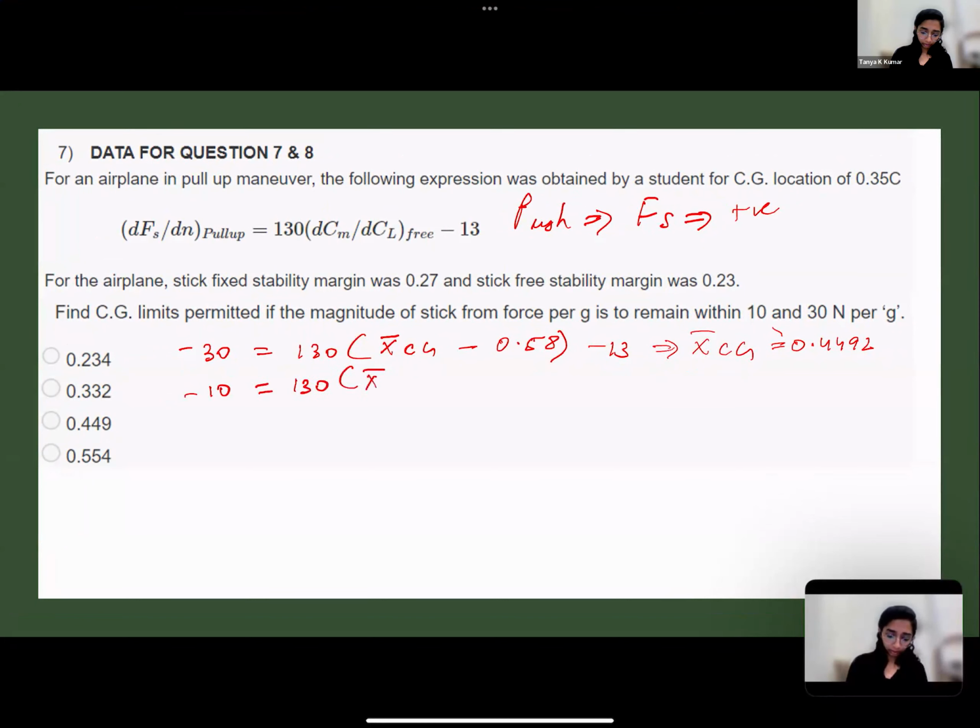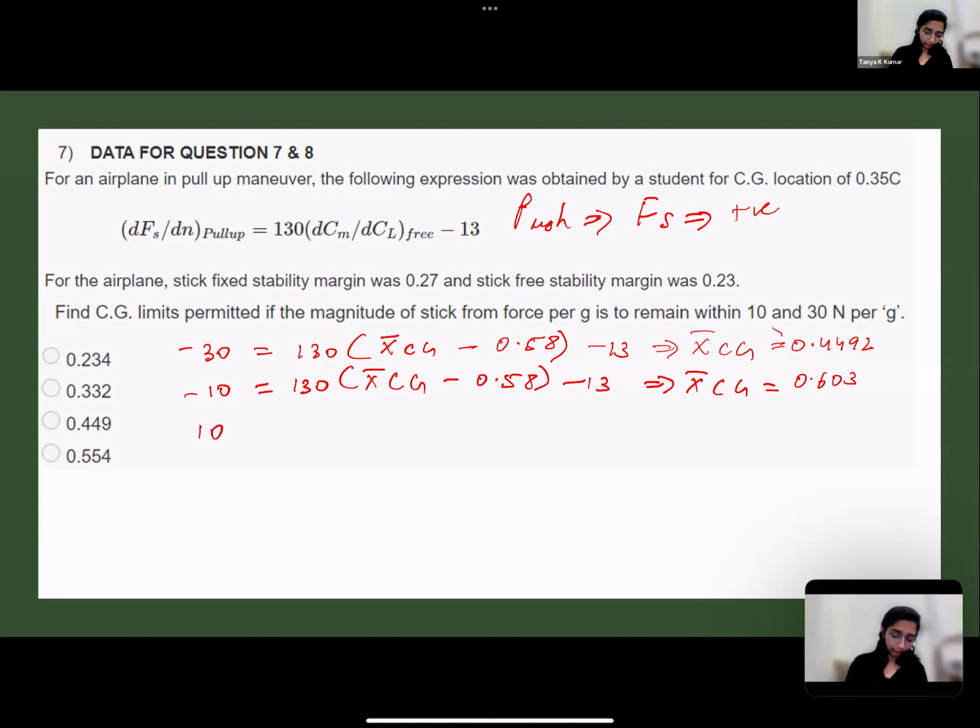130 X bar CG minus 0.58 minus 13. What is X bar CG here? 0.603, yes.